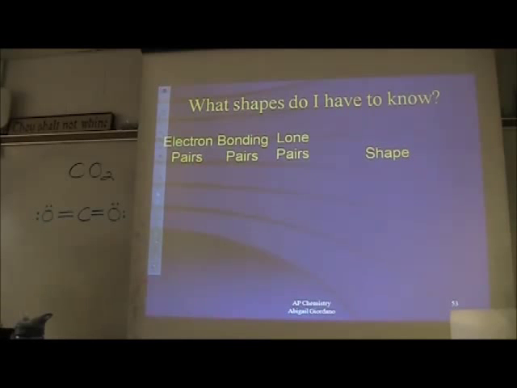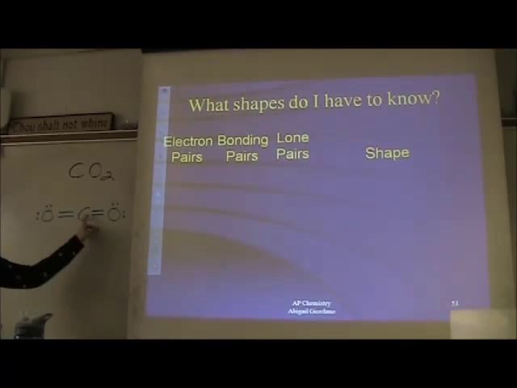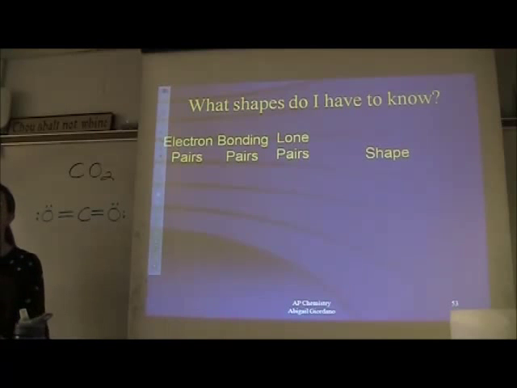2. Okay? The reason I'm saying 2 and not 4, on the previous slide, there is a statement that says multiple bonds count as one shared pair. Not in a Lewis structure, but when we're talking about shape, a multiple bond is treated like a single bond.